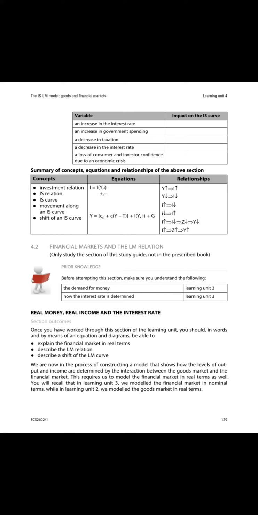So when we look at the interest rates here, I will mention this without having to go into big detail. Let's start with the demand for money. We're looking at what relationship money has with the interest rates.